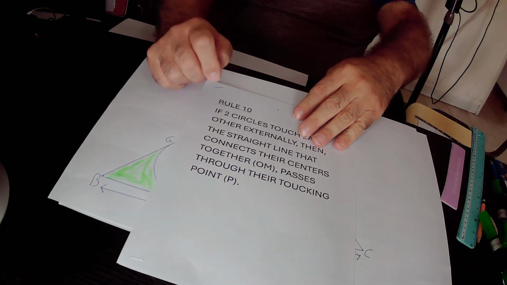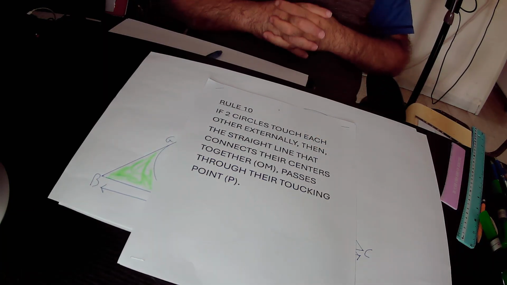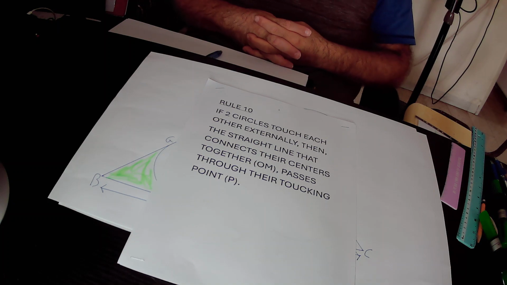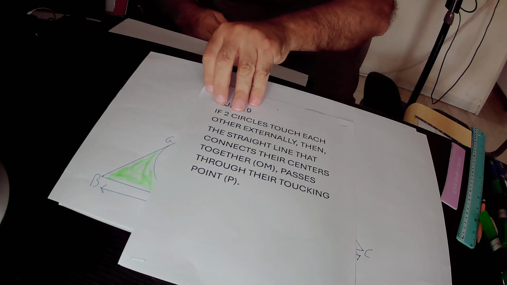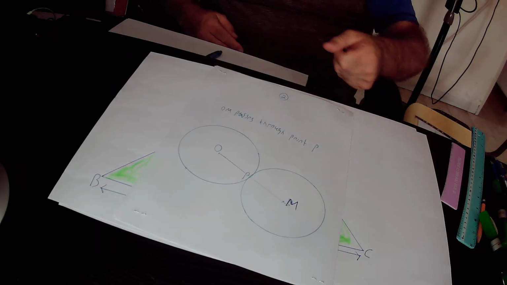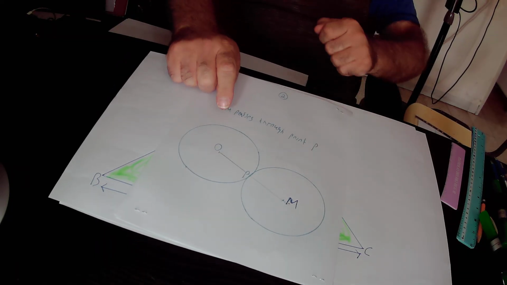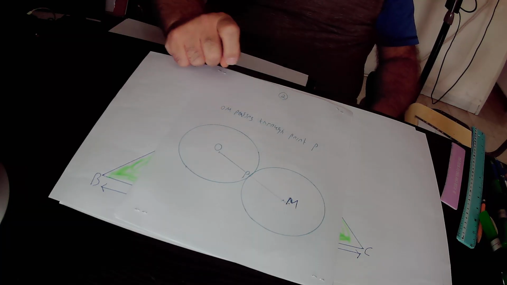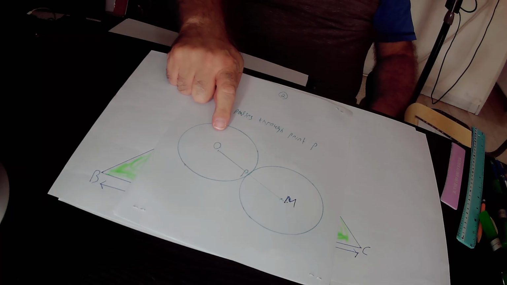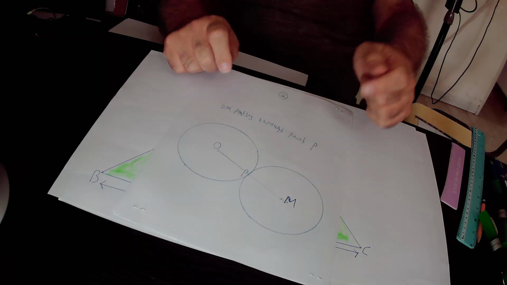According to rule 10, if two circles touch each other externally, then the straight line that connects their centers passes through their touching point. In the drawing, we have those two circles that touch each other externally at point P. Point O is the center of this circle, point M is the center of this circle.